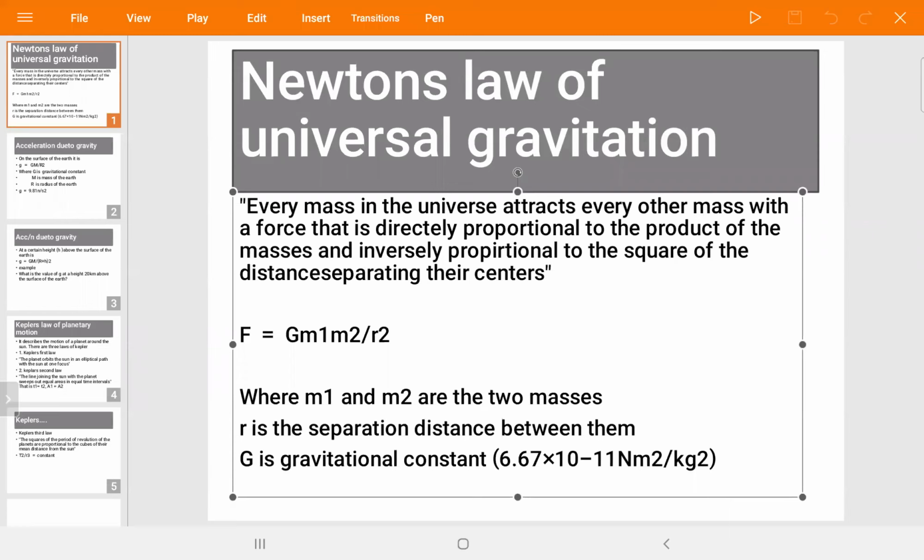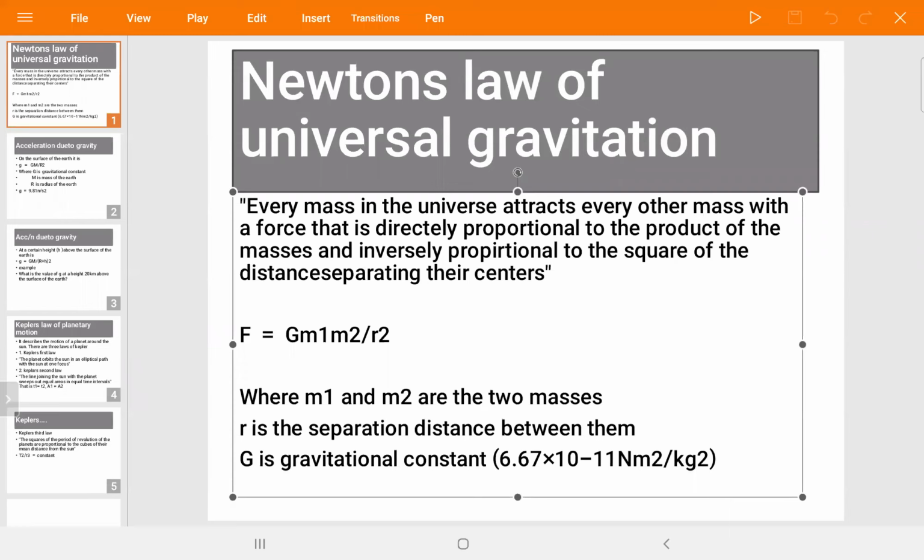Therefore, this force has some natures. The first one is, since it has a small constant value, the force is said to be a weak force. The other one is that it is directly proportional to the product of the magnitudes of the two masses, and inversely proportional to the separation distance between the two bodies.